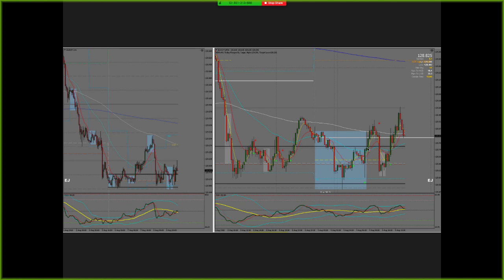You can just look for small setups for 20, 25 pips and rack those up, and that'll be the same as if you did one trade for 100 pips. Okay, that's another strategy to go about it. Small ball, 20, 25 pips.